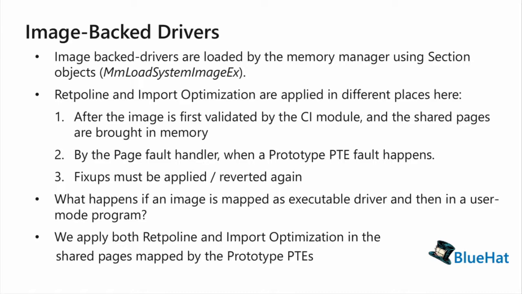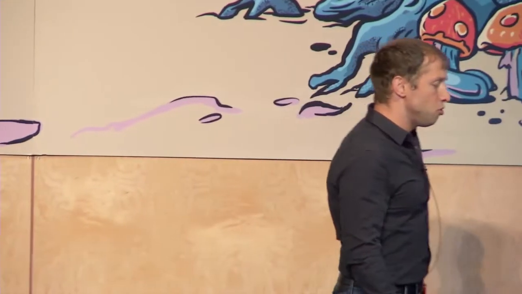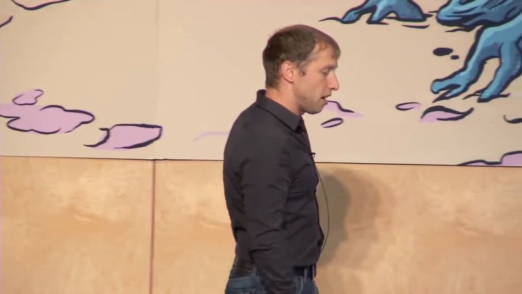And third, and very important to say, is that the fix-up must be applied and reverted every time, because of various problems that we will see in a while. One of the problems is that if you start a driver using sc start or your preferred method, and then you map the driver using a section object in user mode, what can happen?